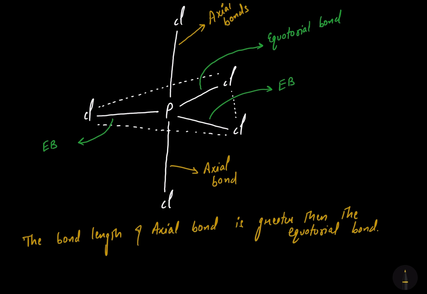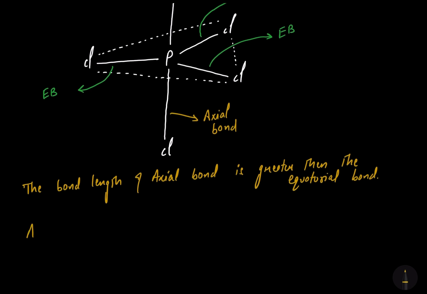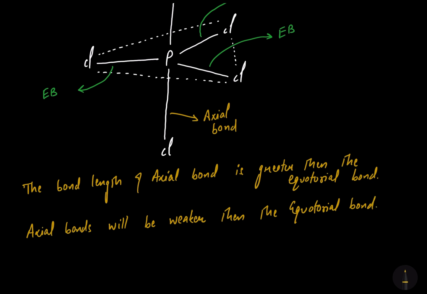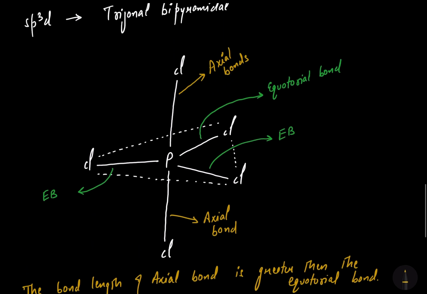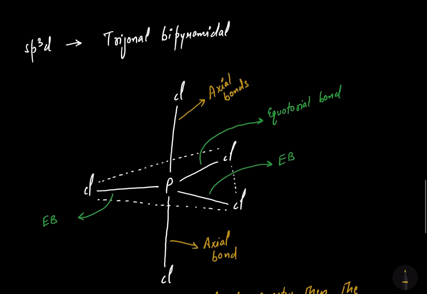And what will be that effect? That axial bonds, due to the higher bond length, will be weaker than the equatorial bond. So that's all about this structure. This structure is named as trigonal bipyramidal.